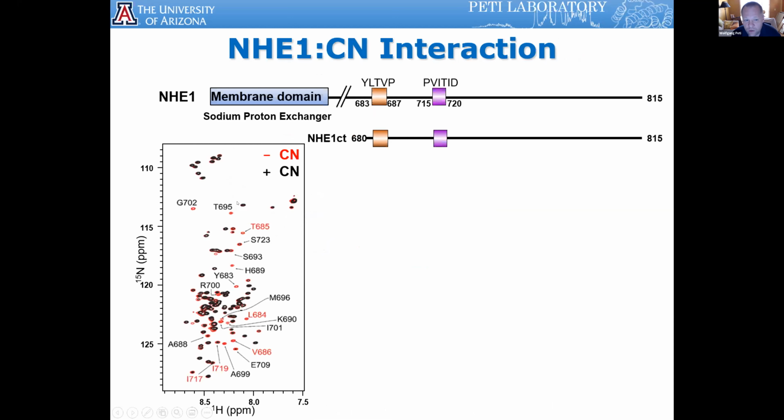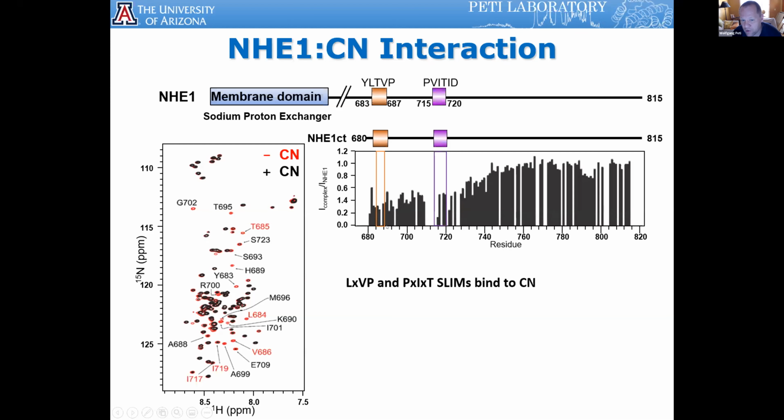And what you can see, this is a completely disordered domain looking at the NMR spectrum, which doesn't have any chemical shift dispersion in the proton dimension that I show you here, simply for the reason that there's no hydrogen bonding network in these proteins. So when we add calcineurin to that, that's the black one, we can see a number of peaks lose intensity, typical for this intermediate exchange regime interactions that IDPs have with folded proteins, and thus allows us to show where the binding interaction is.